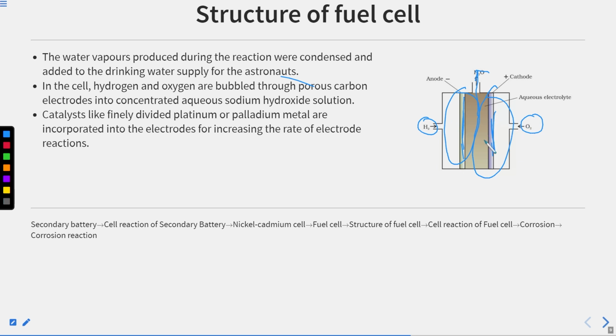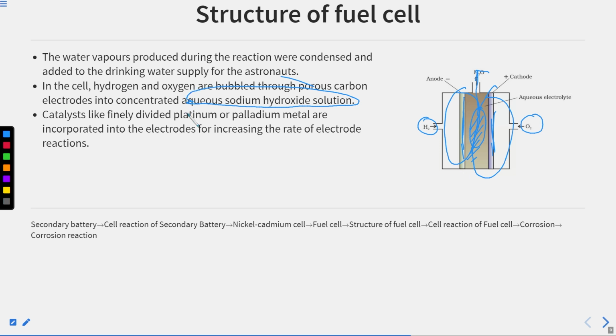Catalysts like finely divided platinum or palladium are incorporated in the electrode to increase the rate of the electrode reaction. So it is filled with platinum so that it can absorb hydrogen and oxygen infused from both sides. The electrolyte present here is aqueous sodium hydroxide solution.